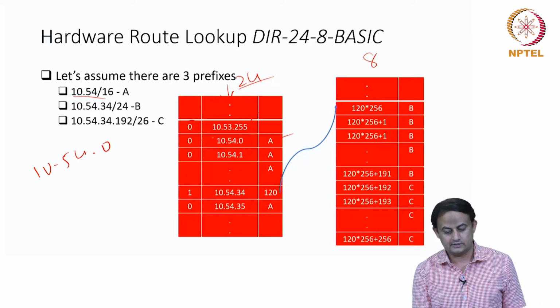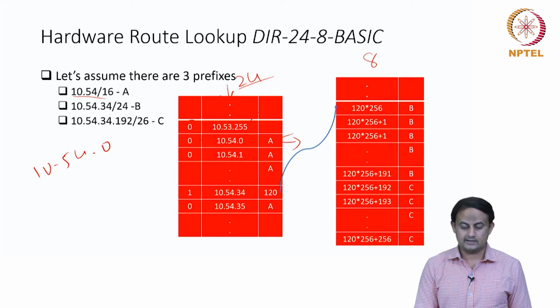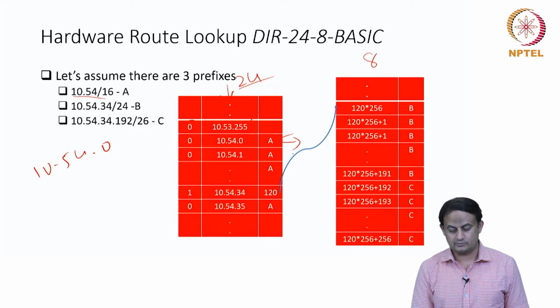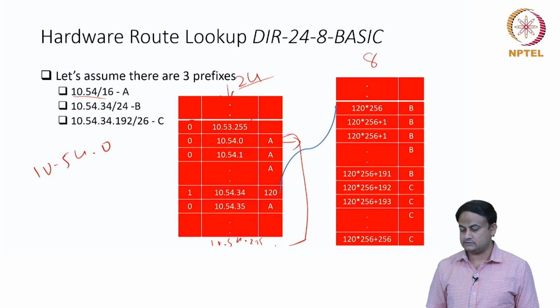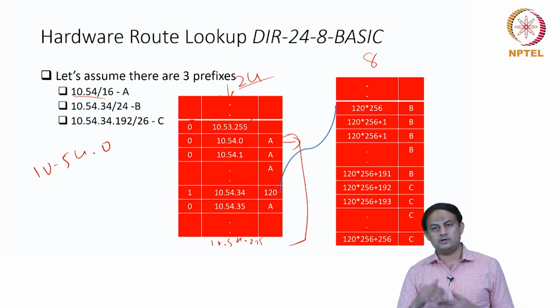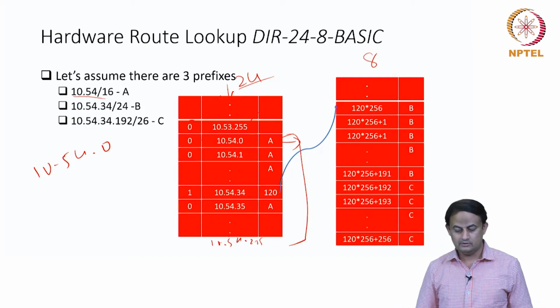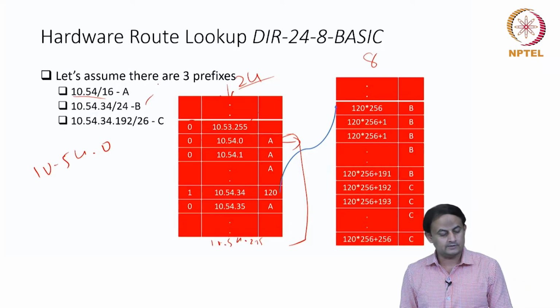This is the first entry of the series 10.54, and the second entry of the same series, and so forth, all the way till you get to 10.54.255. So this series is covered in this case, and a subset of that, which is 10.54.34, is somewhere here, and that is a slash 24 prefix.